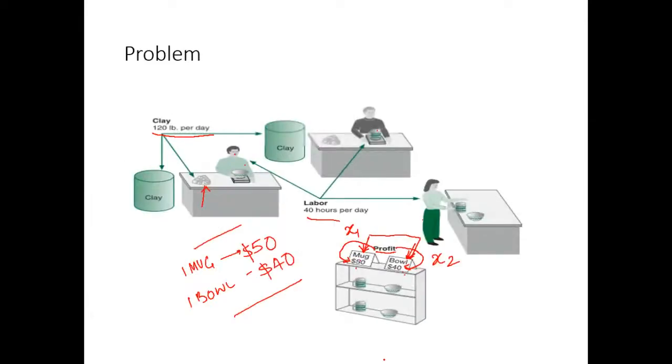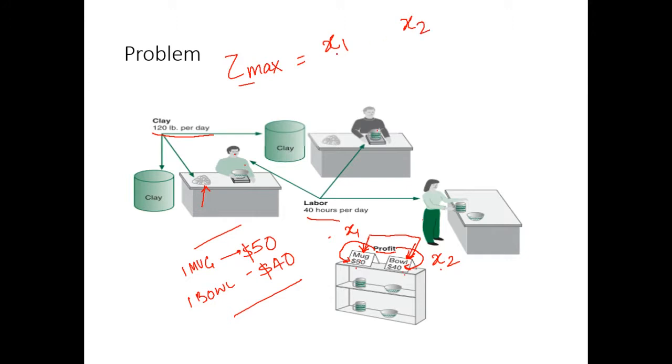So x1 and x2. Now the question is, Z is what? Z is max. That is maximization. How will we get the formula for profit? This is profit max. We'll have to find the profit by selling mugs and the profit by selling bowls.